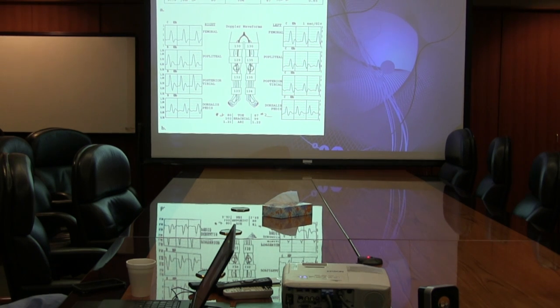After he rests for several minutes, he can walk back to his house, but once again, by the time he gets back to his house, he's limited by his calf pain. ABIs at rest are 1.2, both sides, so normal.